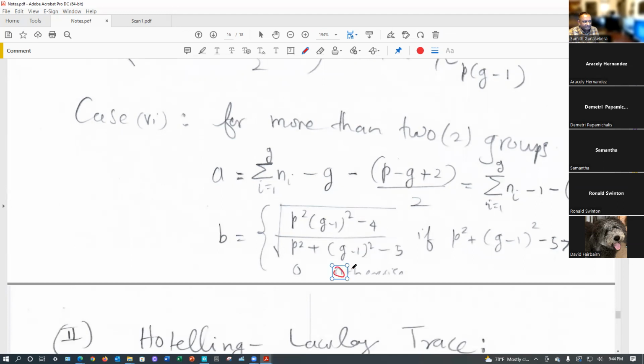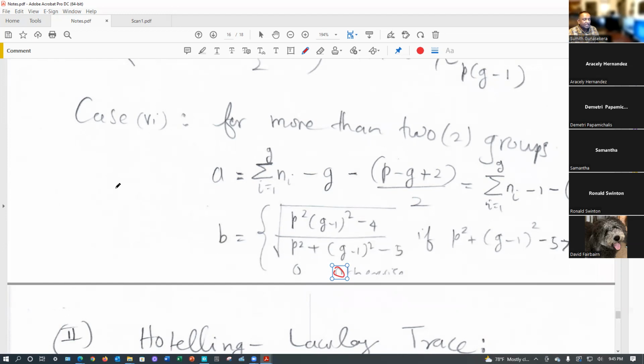Otherwise means that this denominator factor is only used if it is positive. By any chance, if this is 0, you cannot use it at all because that becomes infinitely large. That's why it has to be greater than 0. Otherwise, put 0 in any situation.